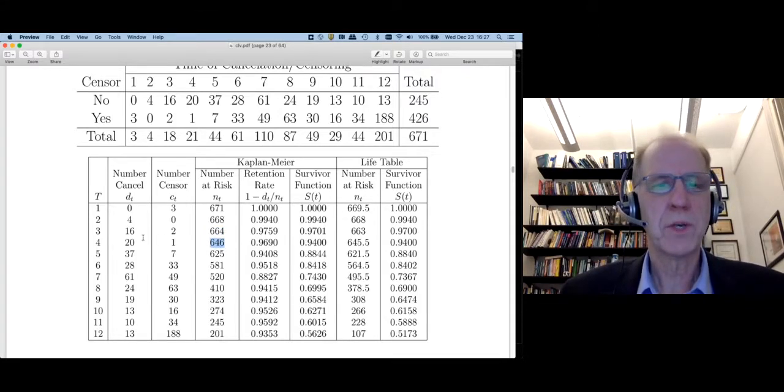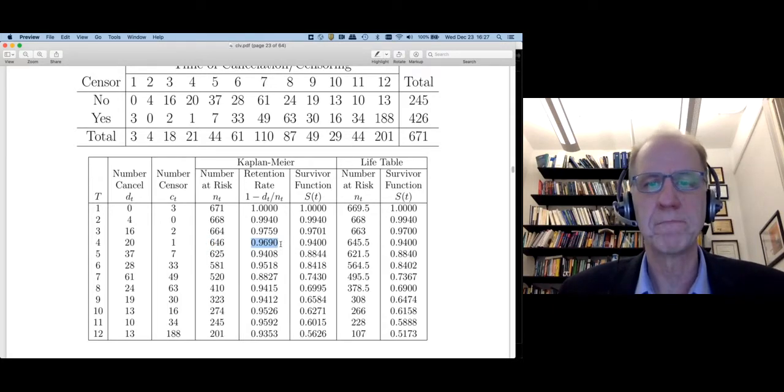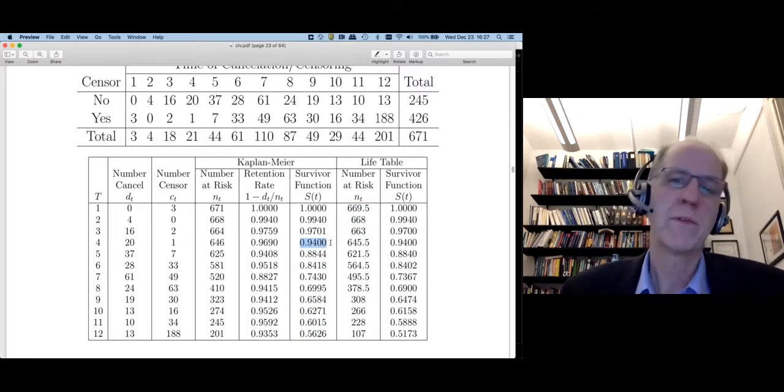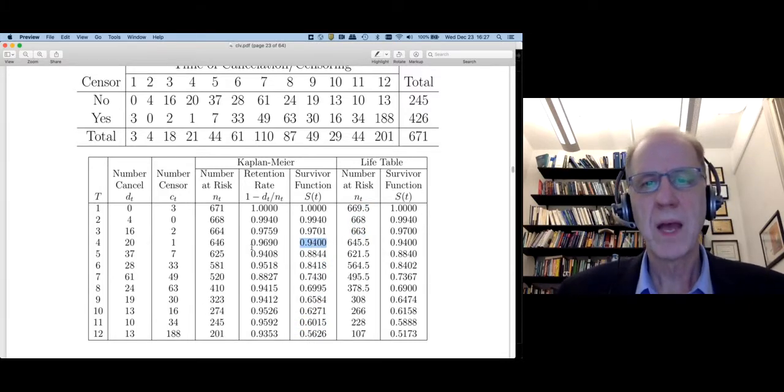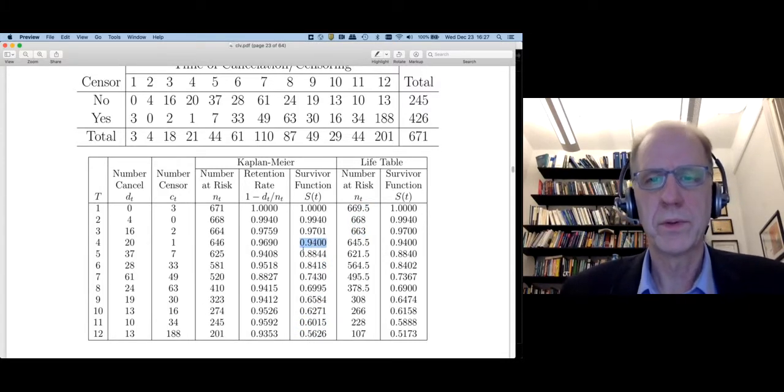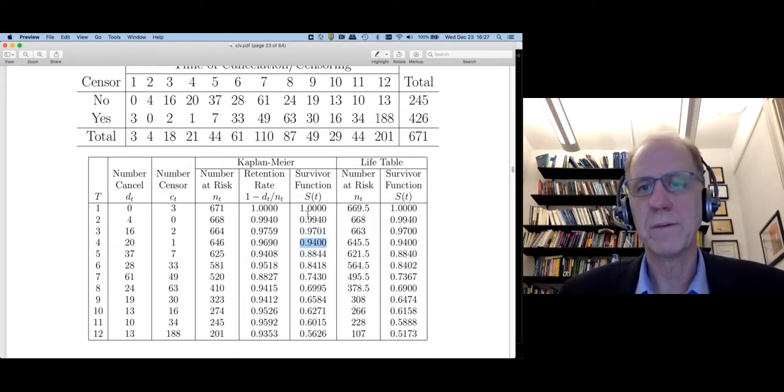My next retention rate is going to be 1 minus 20 over 646, which gives me 0.969. That gives me my newest estimate of the retention rate. Take that times the survivor function, and I get the new survivor function value. And that's how I end up with my Kaplan Meier estimator.